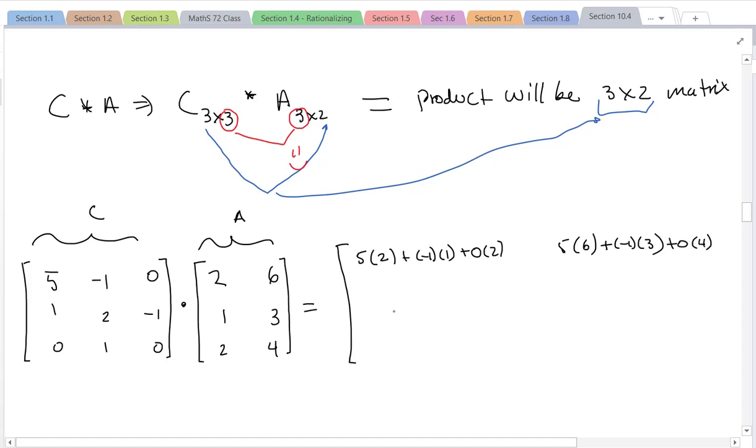And now the second row is going to be second row times first column, second row times second column. So I'm going to have 1 times 2, 2 times 1, and negative 1 times 2. And the second column is going to be the second row again, but now times the second column. So 1 times 6 plus 2 times 3 plus negative 1 times 4.